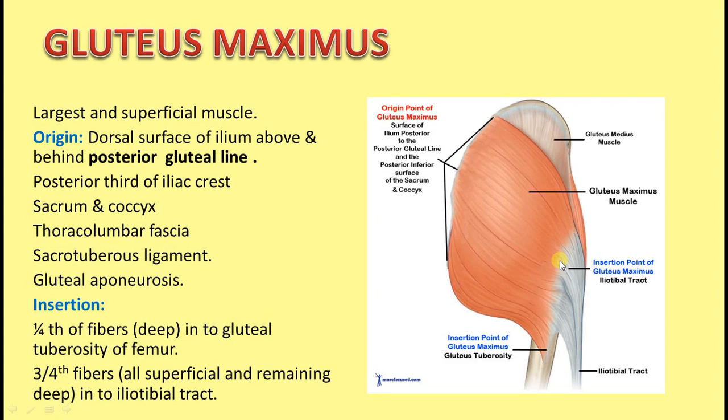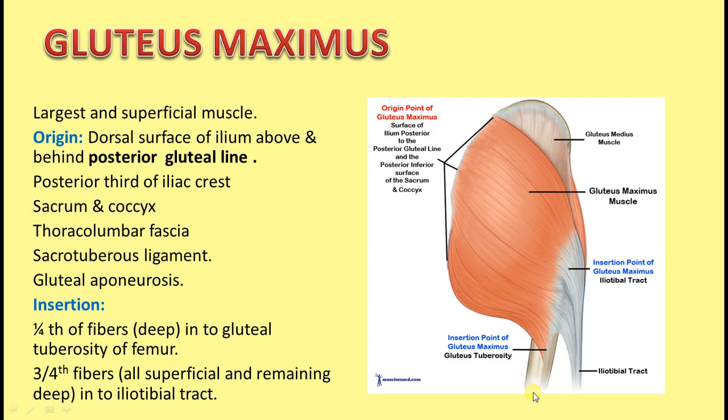The upper 3/4 of the fibers get inserted into the iliotibial tract. So you all know the iliotibial tract very well. If you trace the iliotibial tract medially, it gets attached to the lateral intermuscular septum, through which it gains attachment to the linea aspera and the lateral supracondylar ridge.